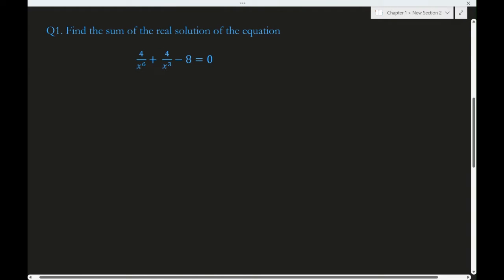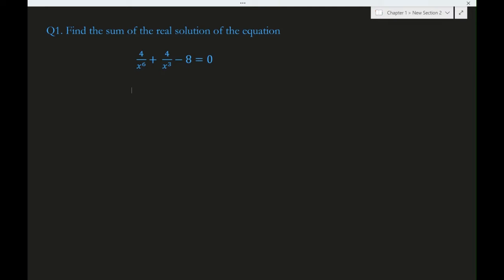For question number one, we can rewrite this problem as 4x to the power minus 6 plus 4x to the power minus 3, and we know that x cannot be 0, then minus 8 equals 0.